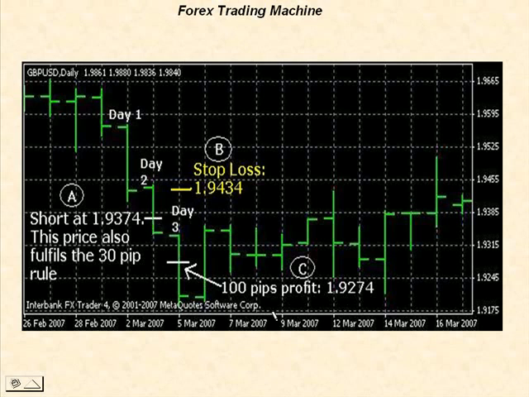So the 100 pips was not reached on day 2. Sometimes it is, okay, but sometimes it's not. So in this case, we did not reach our profit objective until day 3. Now, this is very important. This 100 pips profit objective was reached on this day, on day 3, before 11:30 EST.